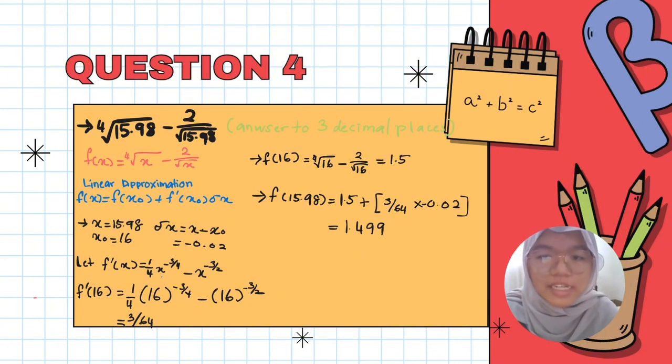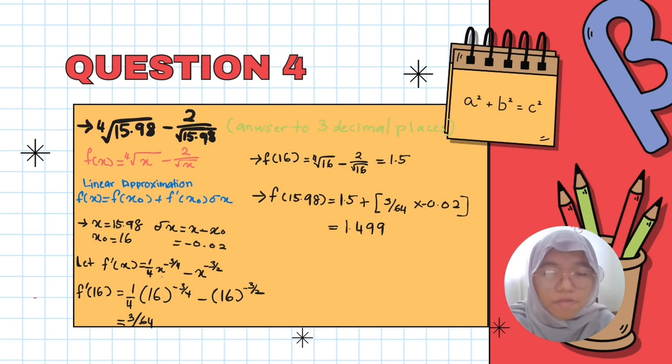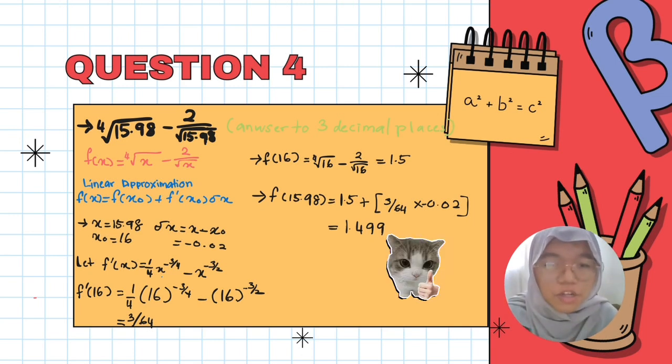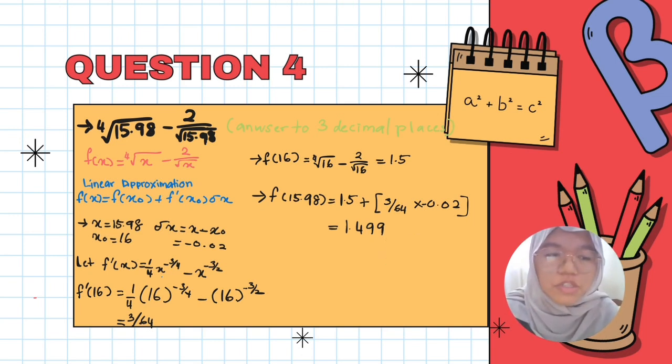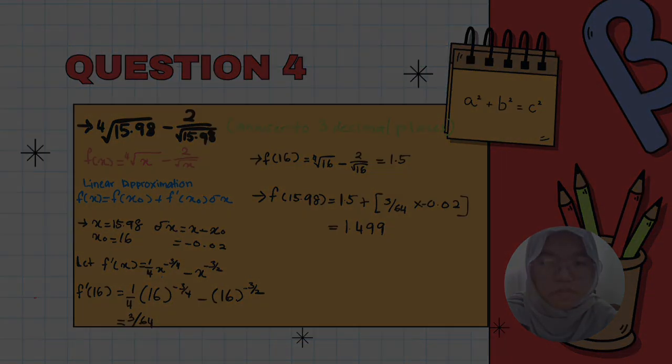So use linear approximation. f(15.98) will be equal to 1.5 plus 3 over 64 multiplied by negative 0.02. So we can get 1.499. So that's all.